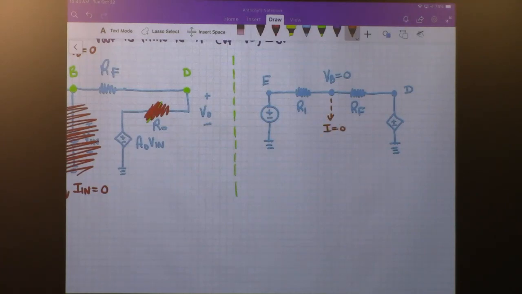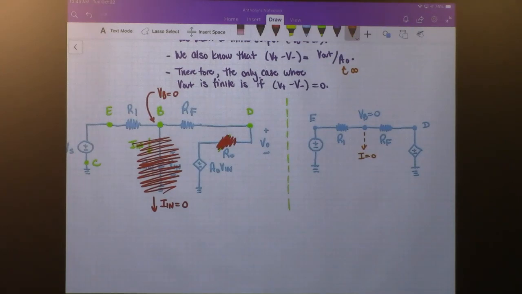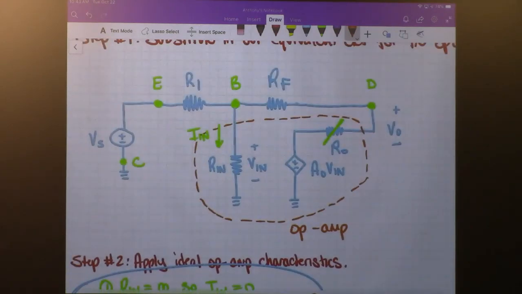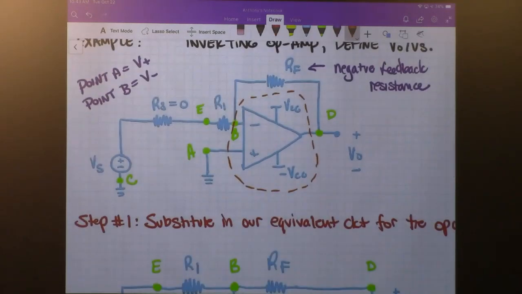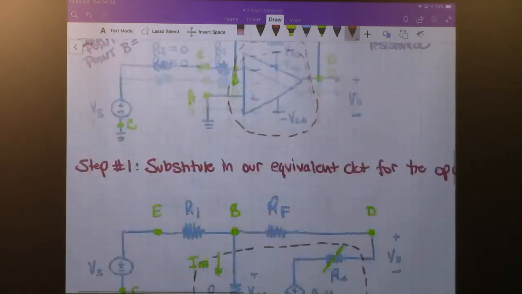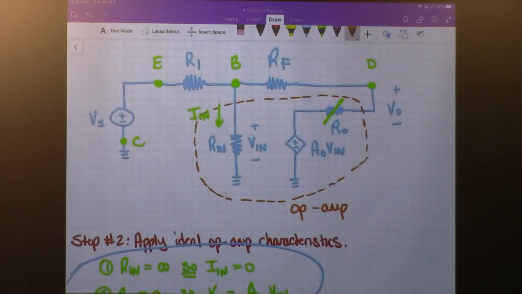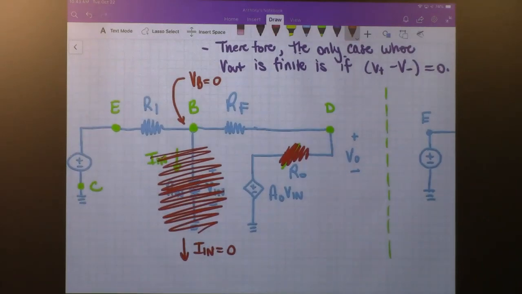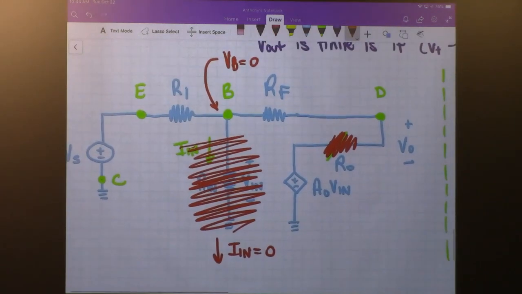And so that is what's left over from what's drawn to the left. We took the circuit that was here. We replaced the op-amp with the equivalent circuit. We applied the ideal characteristics of an op-amp to simplify that circuit, which is what's shown in the red.